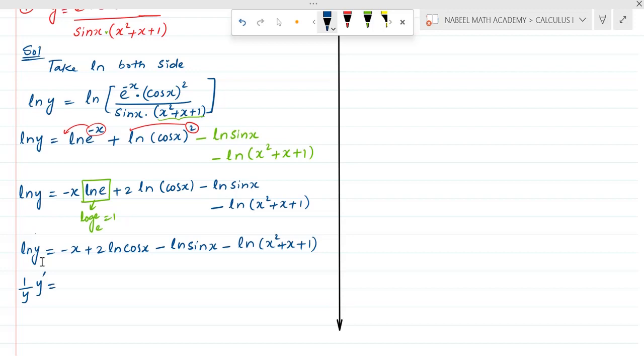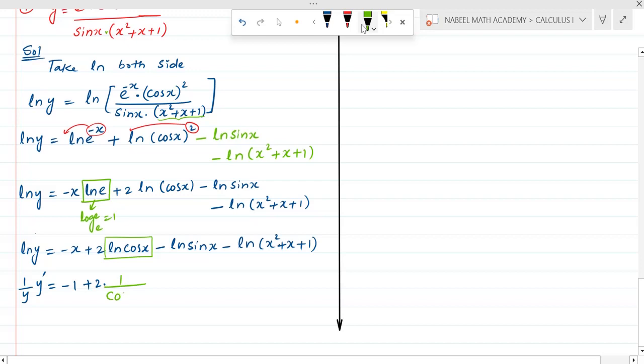Now here you will have the derivative: minus 1, plus 2, which is a constant, times the differentiation of this part. So what is the differentiation of this one? 1 over cosine. What is the differentiation of cosine? Which is minus sine. So that's it. Now let us go with the next part. Minus, again here chain rule.